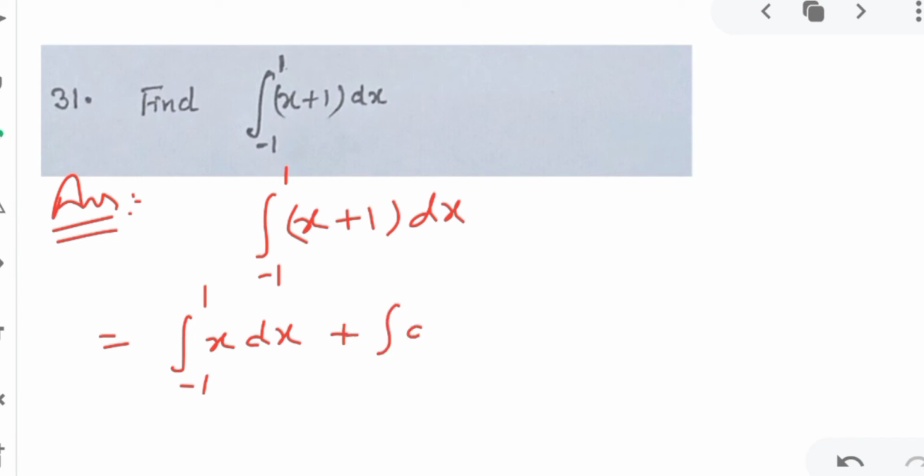So 1 into dx means dx. Or you can do it directly if you are comfortable.